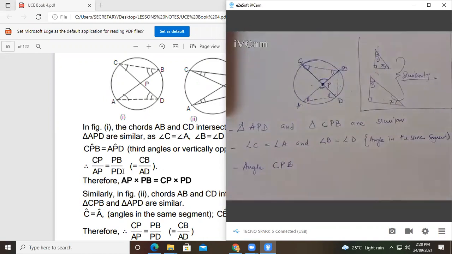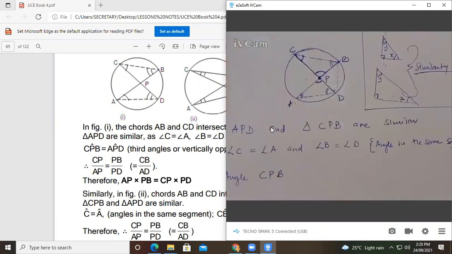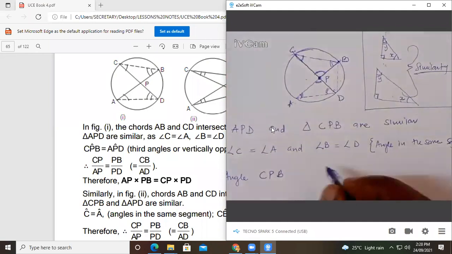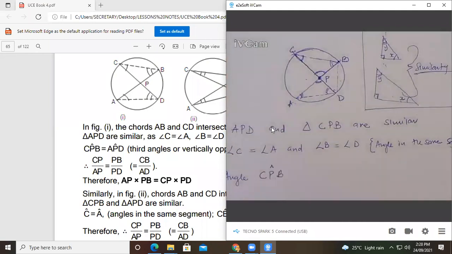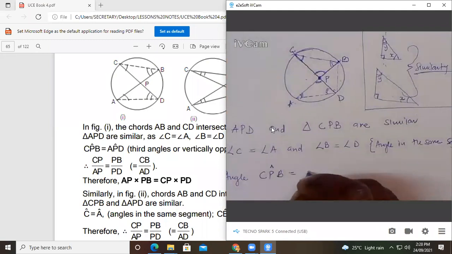I know some of you want to zoom. So that angle P is equal to which angle, members? APD.